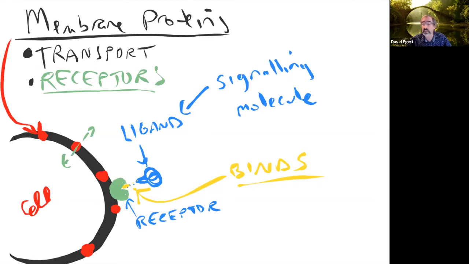We are going to look in much more detail at what binding actually means, what happens to the receptor when binding happens that makes the magic happen. But first, I want to stay a little more superficial. So basic idea makes sense about what a receptor is, what a ligand is. Okay, so now we can talk in a little more detail about this.